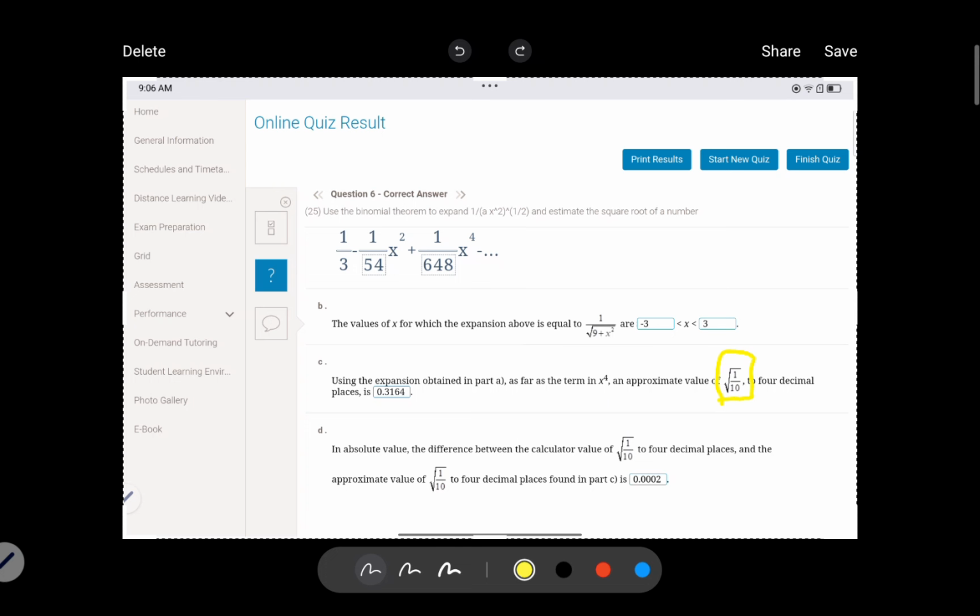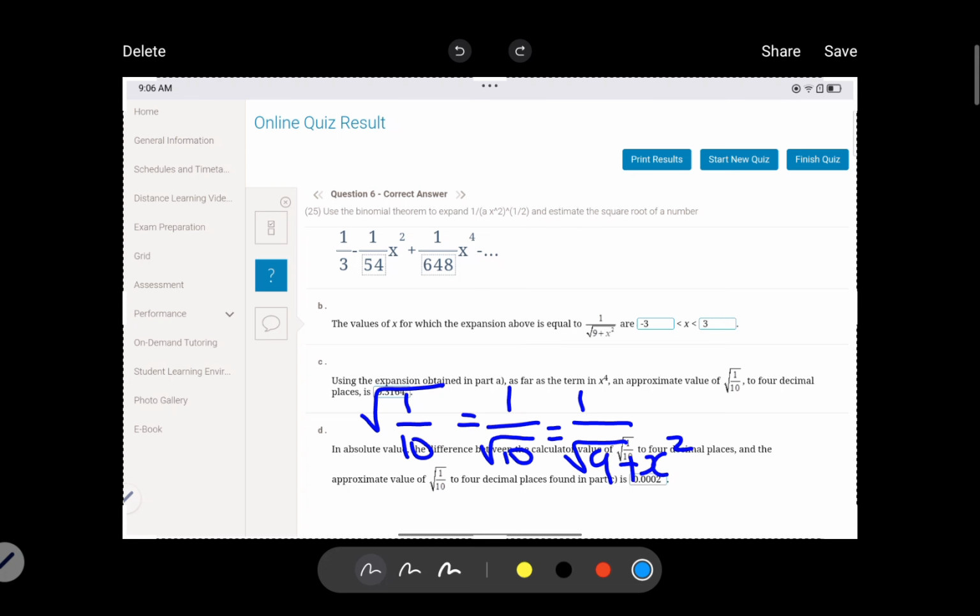First thing we have to do is radical 1 over 10 is equal to 1 over radical 10. Why can we say that? Because radical 1 is 1. And then that equals 1 over radical of 9 plus x squared. Don't forget the radical. Let me rewrite it, but in a darker color.